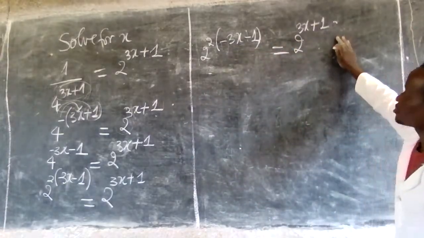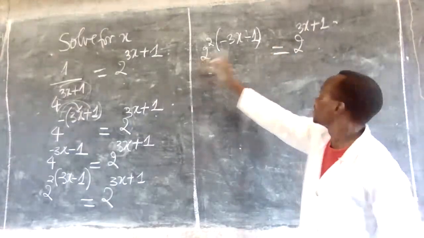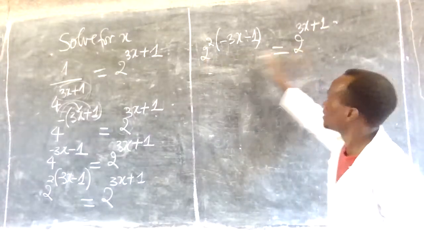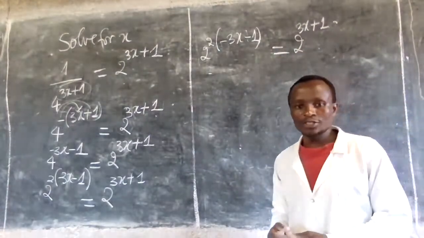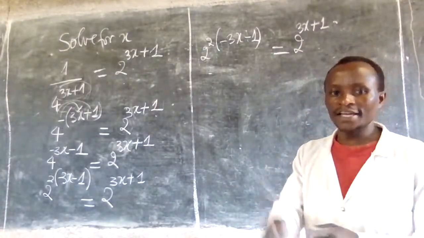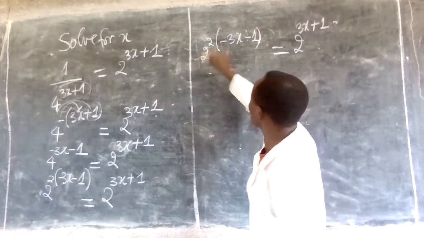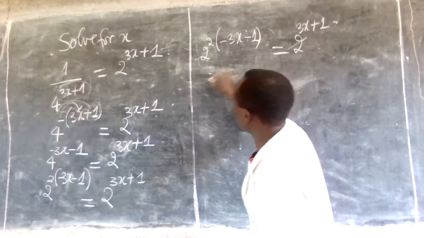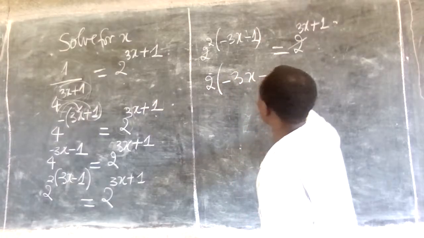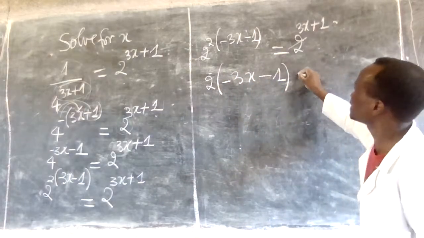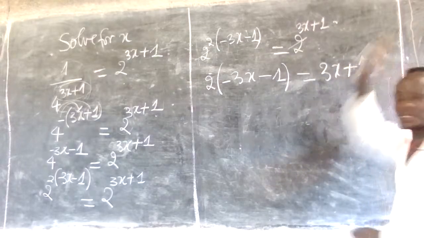Here, you see we have the same base. If we have the same base, it means we are going to cancel those two same bases and we write their powers. We remain with 2 times minus 3x minus 1, close the bracket, is equal to 3x plus 1.